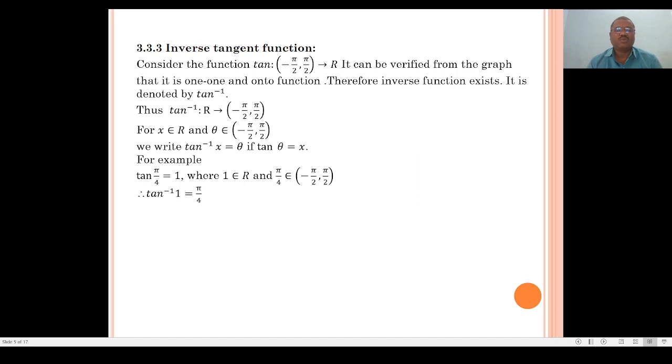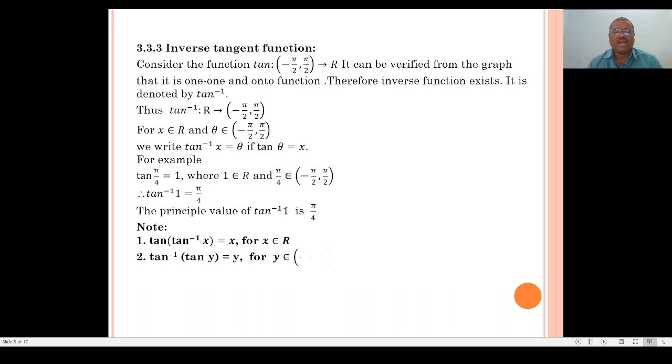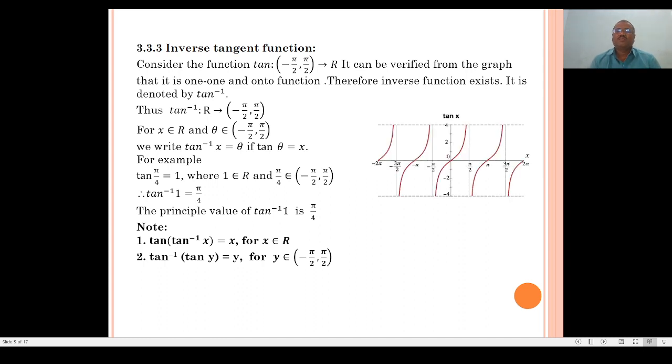Therefore, tan inverse 1 equals pi by 4, and the principal value of tan inverse 1 is pi by 4. Note, tan of tan inverse x equals x for x belongs to R, and tan inverse of tan y equals y for y belongs to minus pi by 2 to pi by 2. So this is the graph of tan x.